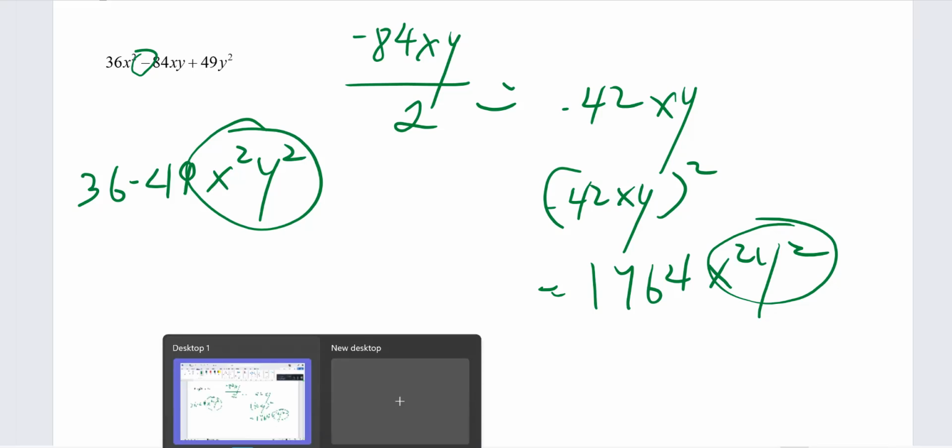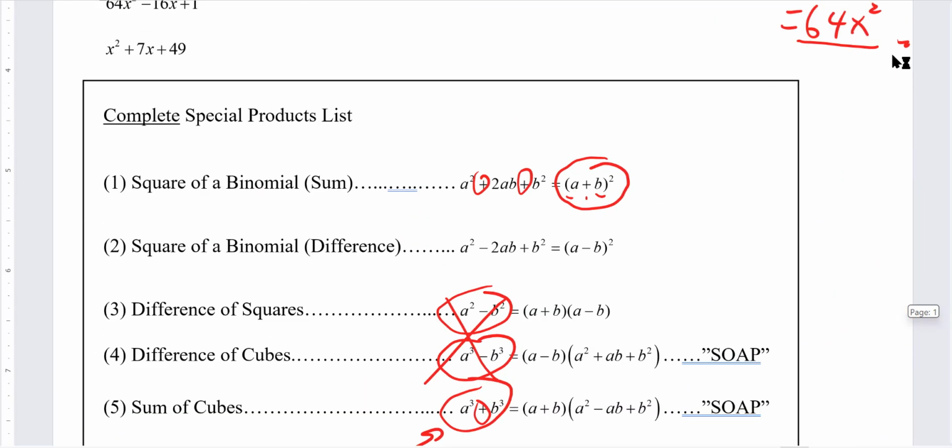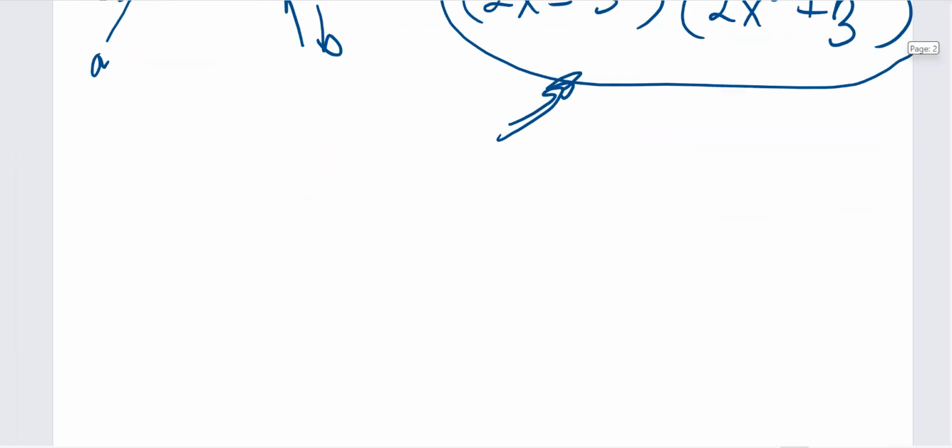Let me remind you what number 2 says. Number 2 says the answer is just whatever A is minus whatever B is, and then put a square on that. So that is going to be the answer.